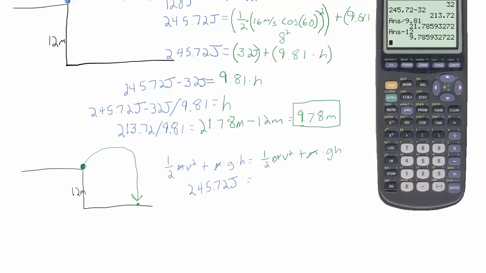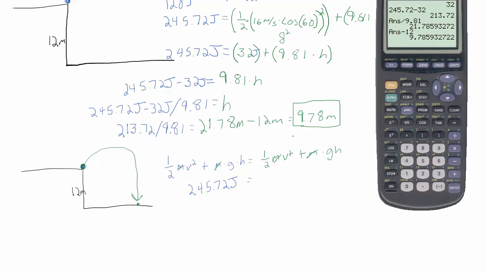Alright, so for this side, what we need to figure out is the velocity.